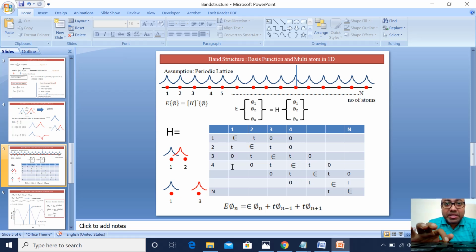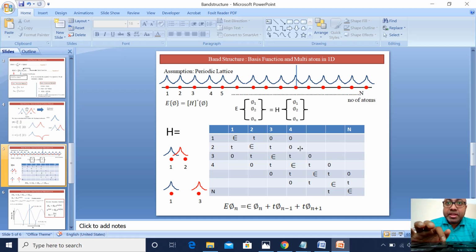So you can write for H4: E phi 4 is equal to epsilon phi 4 plus T phi 3 plus T phi 5, right? So that means if we try to consider an arbitrary position, suppose the nth position, small n position, how to write?